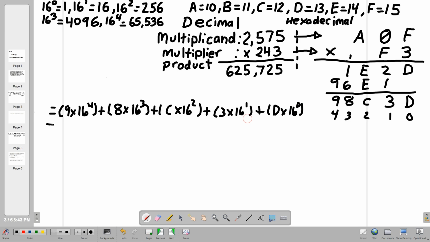All right, so now we have to break it down even further. So we have 16 to the 4th power, we already indicated up here, is 65,536. And we have 8 times 16 to the 3rd power, which is 4,096.